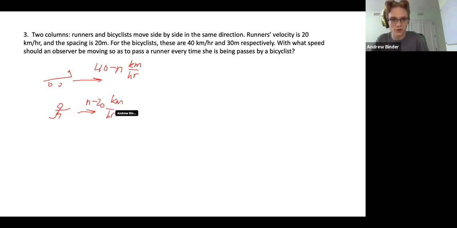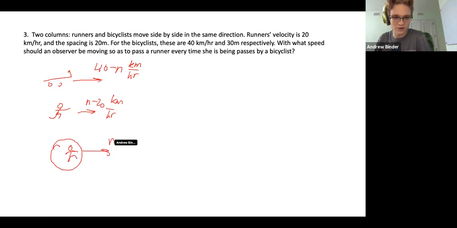And we're saying that they're going to pass the observer, who's moving at n kilometers per hour. And these pass each other at the same time.